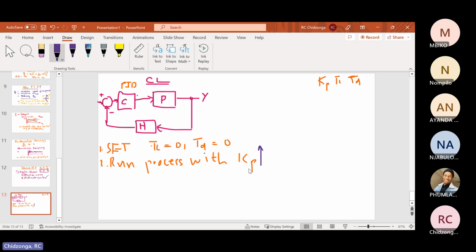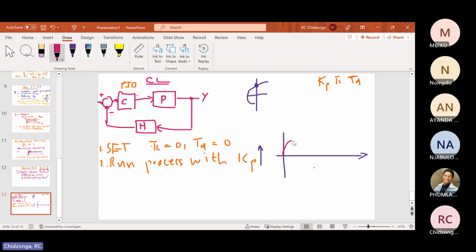Remember, in the simulation, I said increase KP and observe what's happening. Of course, if you've done your work correctly, you'll see that this is a third order system that you are dealing with. At some value of KP, which corresponds to the critical point on the Nyquist, on the root locus, this point here, you'll see that the system breaks into continuous oscillations.